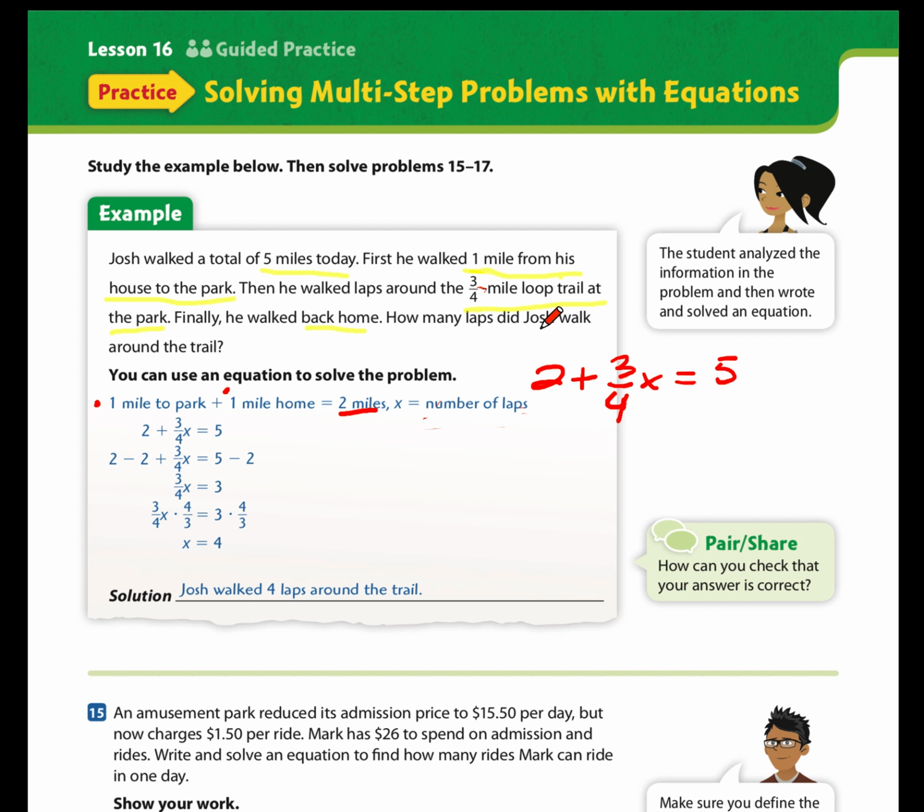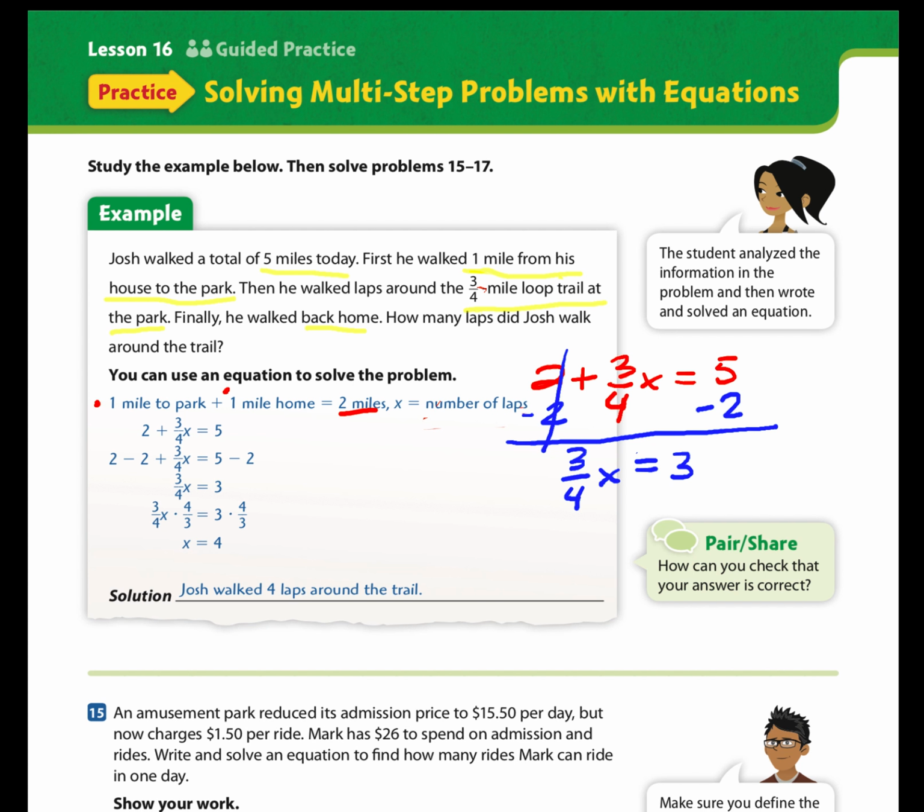Again, we want to get rid of this 2 because we can't get rid of what's attached to the x yet. We need to get rid of the other stuff first. This is a positive 2, so I'm going to subtract 2. What you do to one side, you do to the other. My 2's cancel because they become a 0. I have 3/4 x brought down equals 5 take away 2 is 3.